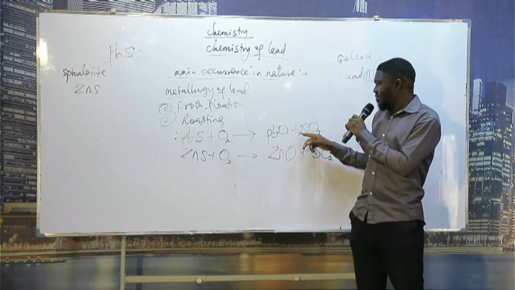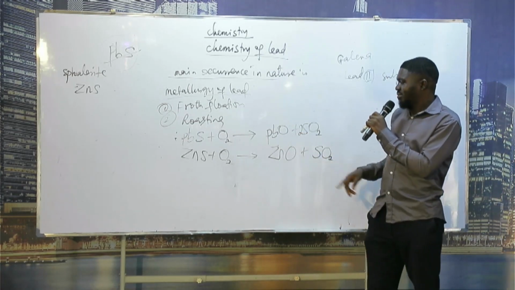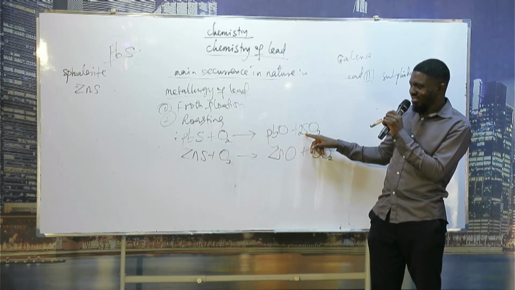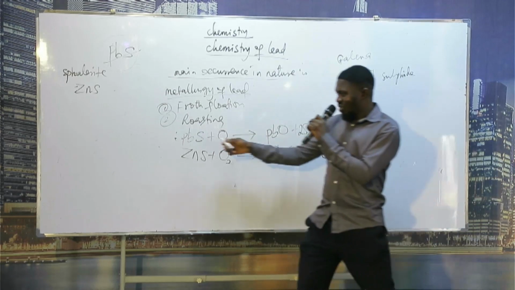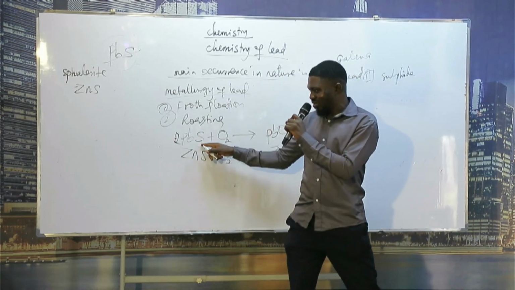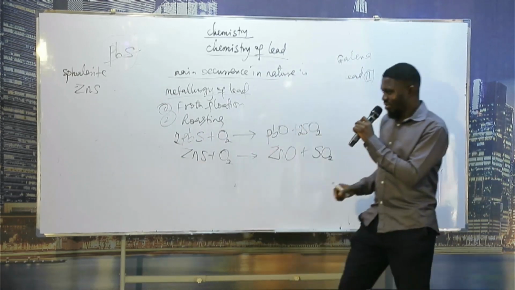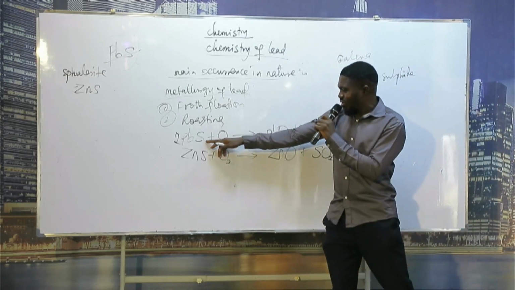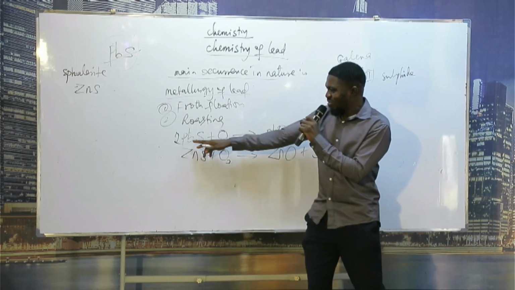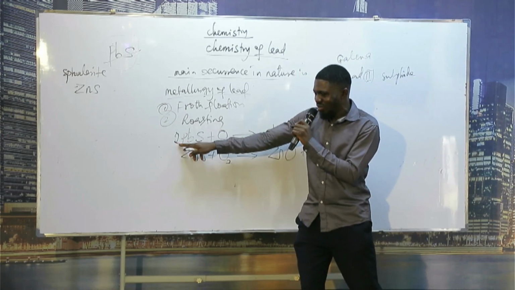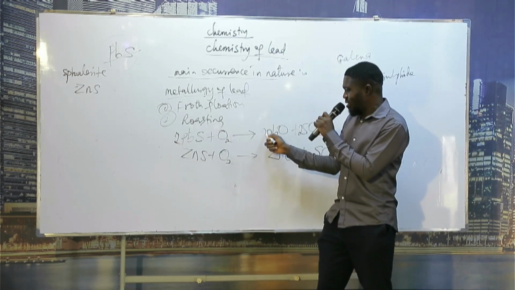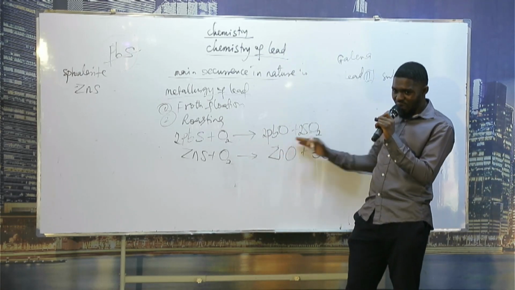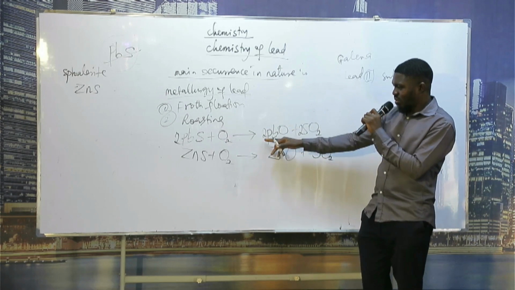Now, you add 2 here. By adding 2 here now, sulfur is now how many? Is it 2? I will now come here and add 2 to balance what? Now, having balanced sulfur, ask yourself, lead is now how many by adding 2 here? I will also add 2 here to do what? Balance lead, isn't it? Do you see the way we're going now? So add 2 to balance lead.